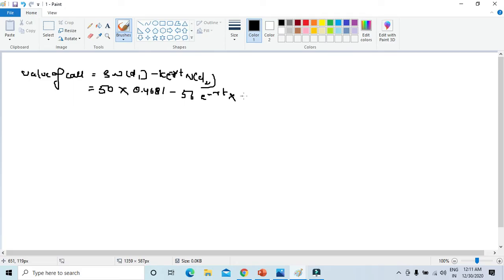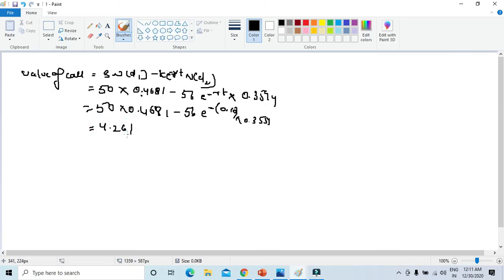The ND2 value is 0.3594. So if you substitute the entire part, 50 into 0.4681 minus 56 e power minus R T, where R is 0.10, and after calculating and subtracting, how much value do you get? 4.261. Okay, this is the value of the call.